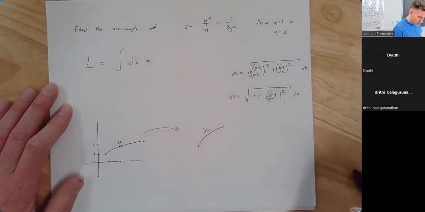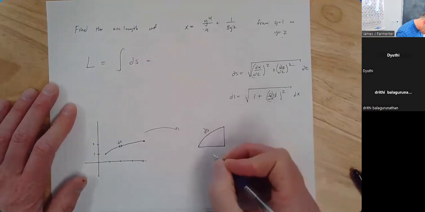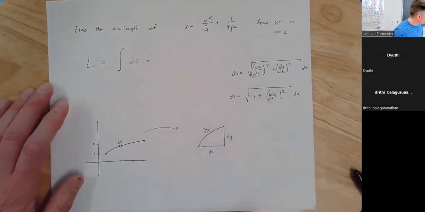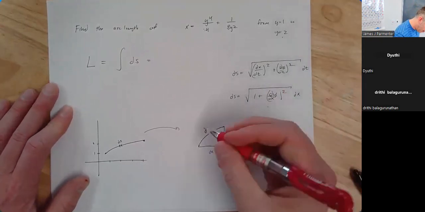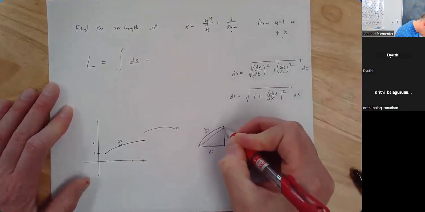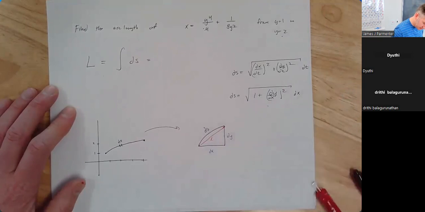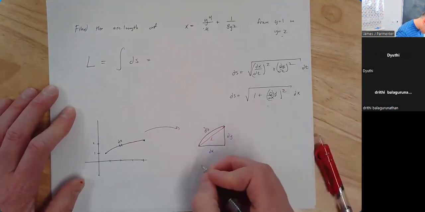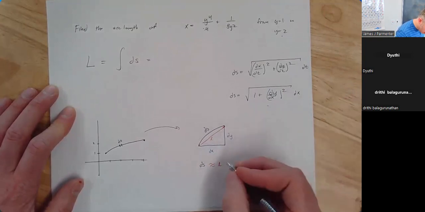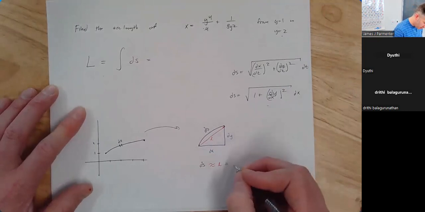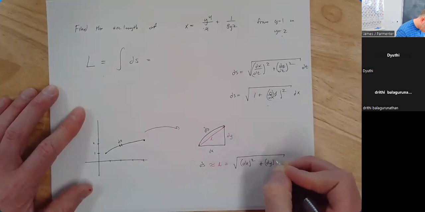And the idea is we can think of that as some small change in x and some small change in y. And I can approximate this small change in s using the Pythagorean theorem. So that red line there, that length, is approximately ds. And that length is equal to, well, Pythagorean theorem, the square root of dx squared plus dy squared.